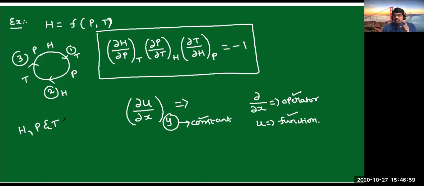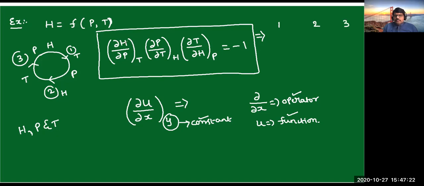For example, let us check, this is definitely according to cyclic rule. In this, let me say this is the first term, this is the second term, and this is the third term.